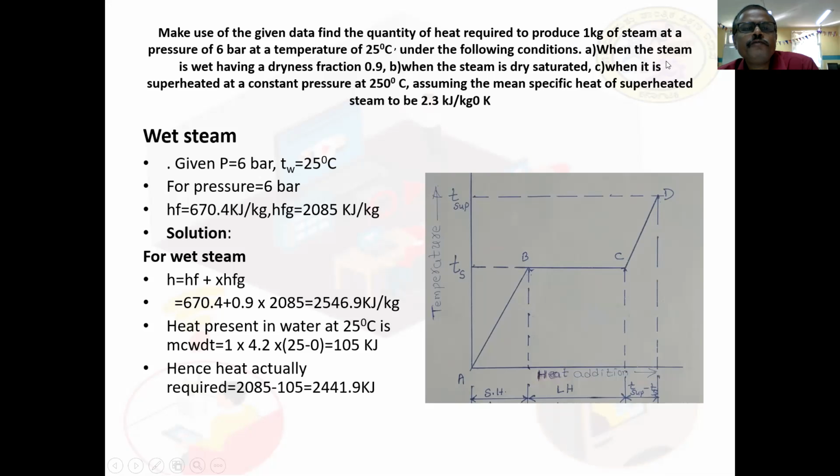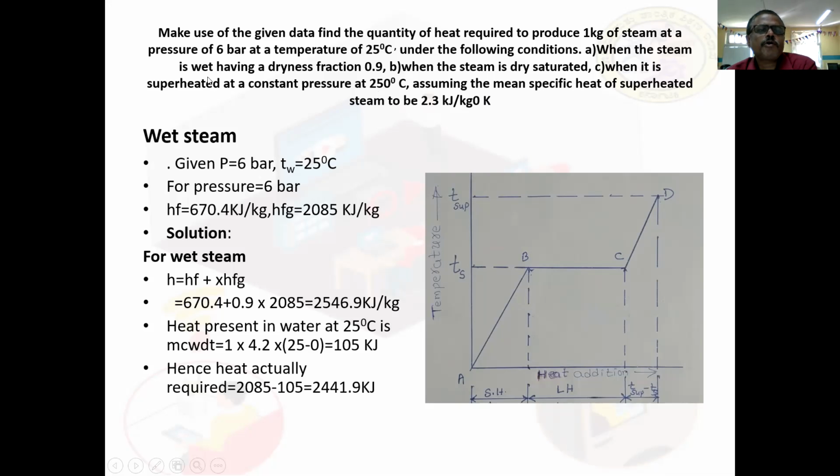First, when the steam is wet, having a dryness fraction of 0.9. Second, when the steam is dry saturated. Third, when it is superheated at constant pressure to 250 degrees centigrade, assuming the mean specific heat of the superheated steam as 2.3 kilojoules per kg Kelvin.